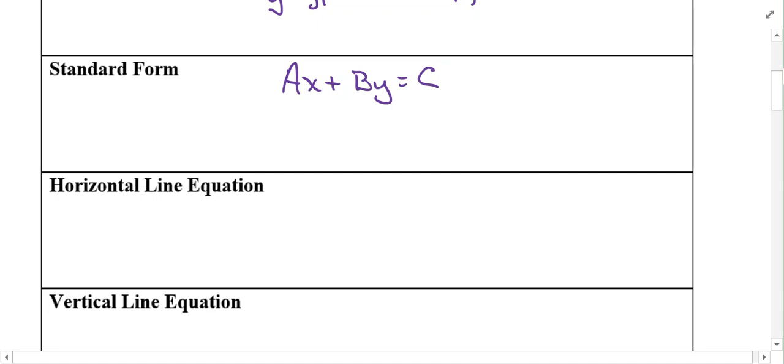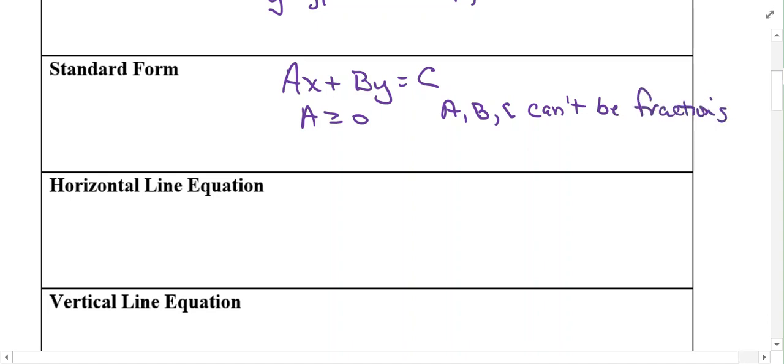It does have a few rules: A has to be positive or 0, and A, B, and C cannot be fractions. And of course, A and B cannot both equal 0, because otherwise we'd have 0 equals C, and we would just have a point.